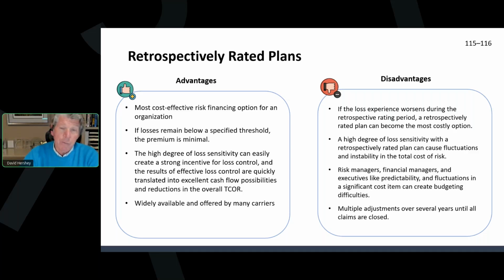I can't emphasize that enough. A high degree of loss sensitivity within a retro plan can cause fluctuations and instability in the total cost of risk. One year you might get 200,000 back, and the next year owe $1.5 million, until all the claims are settled. So these things can be all over the place.